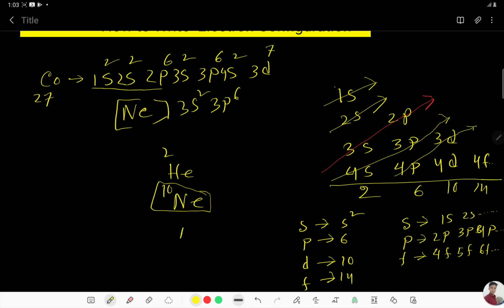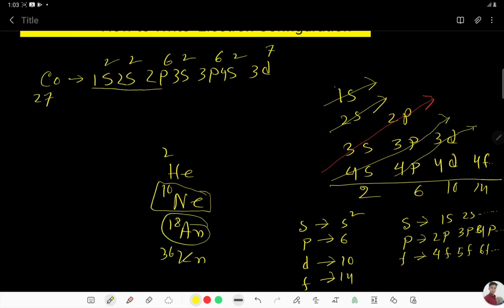So we have to select up to argon. Then krypton is 36. So you have to select argon. So 2, 4, 6, 10, then 12, then 18.